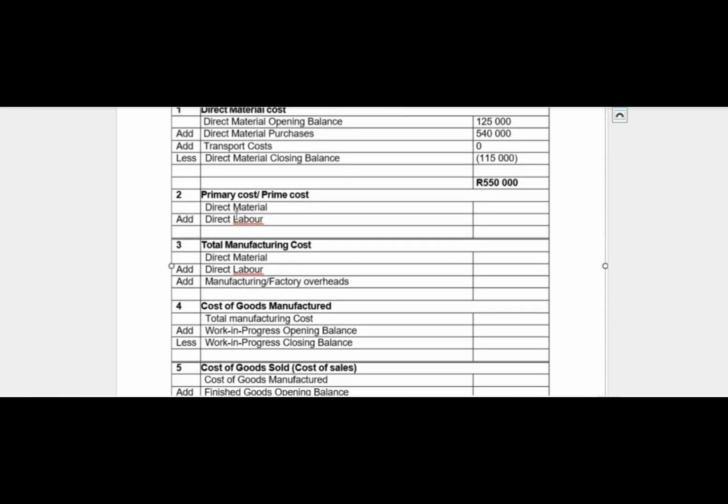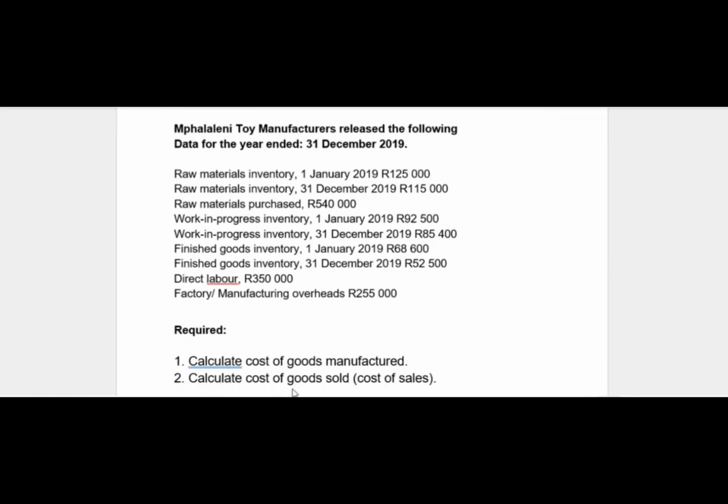Already we've got our direct material, which is 550,000, and then we have to add our direct labor. So let's go to our information given. Our direct labor here is 350,000.